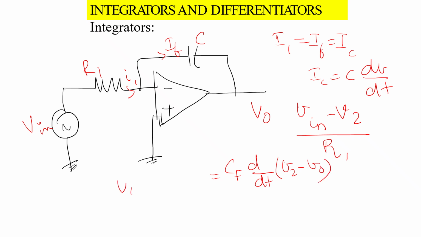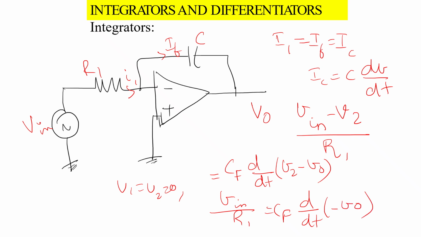Since V1 and V2 are equal to 0, Vin by R1 is equal to CF into d by dt into minus V0. The gain decreases with the increase of frequency. Hence the output voltage is an integral value of the input voltage, thus acting as an integrator.